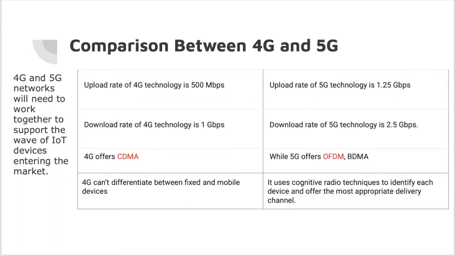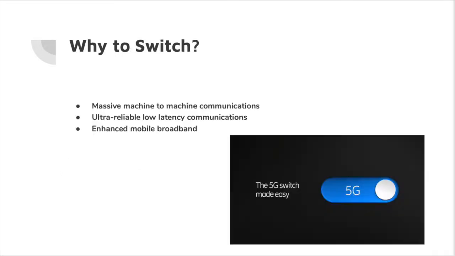Fourth, 4G cannot differentiate between fixed and mobile devices, but 5G uses cognitive radio techniques to identify each device. Now Iman will tell us why we need to switch to 5G technology.